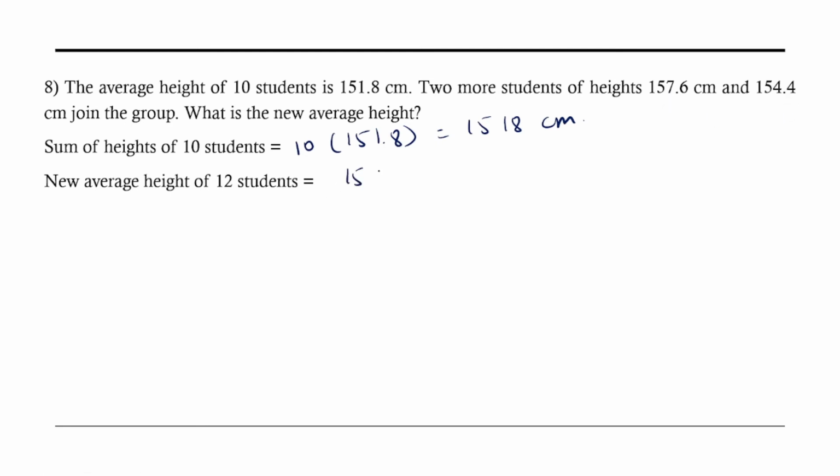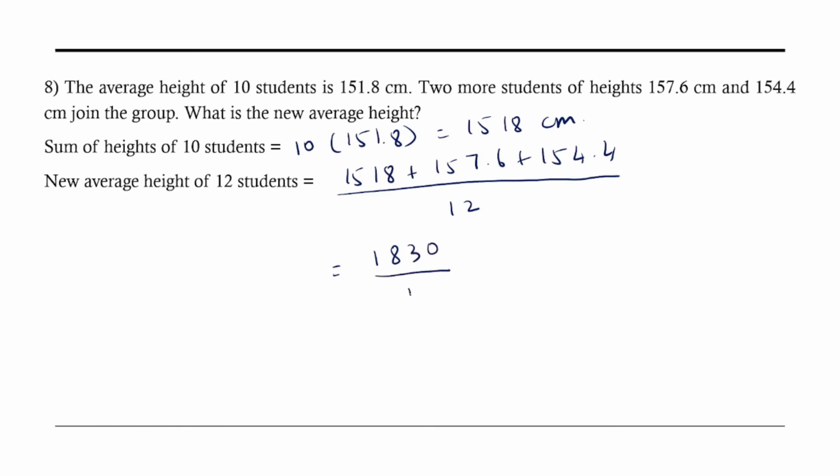So it is 1518 plus 157.6 plus 154.4 divided by 12. So this is equal to, when we add, we get 1830 divided by 12. So this comes to 152.5 centimeter.